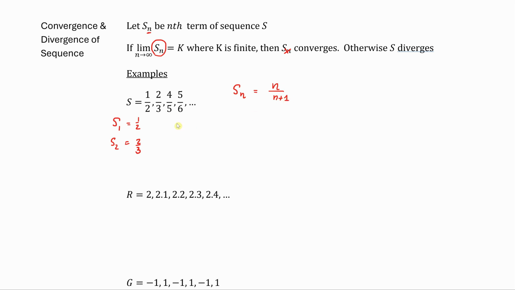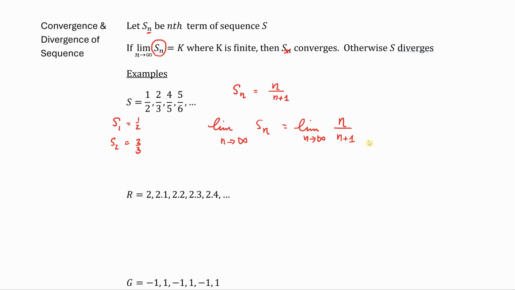So the numerator is the nth term, and the denominator is just one bigger than that. What we want to figure out is the limit as n approaches infinity of S sub n, which is the same thing as the limit as n approaches infinity of n over n plus 1.